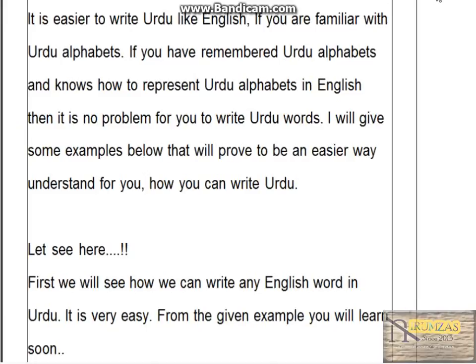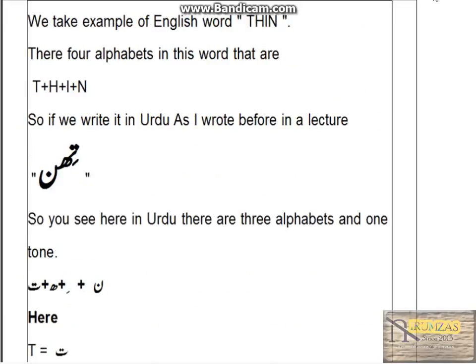Let's see here. First we will see how we can write any English word in Urdu. It is very easy. From the given example you will learn soon. You remember we took the English word thin last time and wrote it in Urdu. So let's take it again.